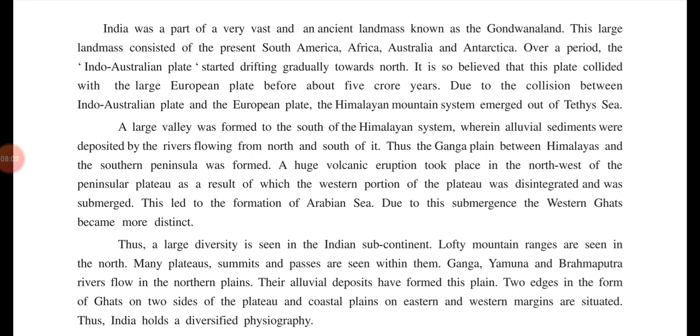Ganga, Yamuna and Brahmaputra rivers flow in the northern plains, and their alluvial deposits have formed this plain. Two edges in the form of ghats on two sides of the plateau, and coastal plains on the eastern and western margins, are situated, and thus India holds a diversified physiography, or expanded physical geography.